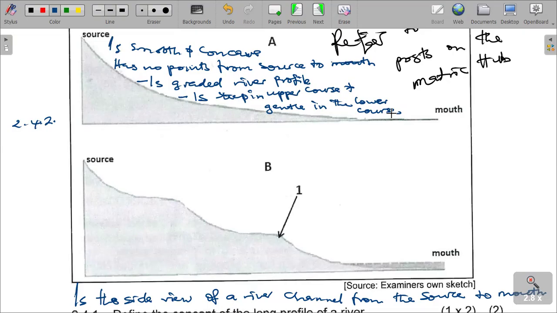And then B, the question wants us to contrast A and B. So B, which is this one, the profile is not smooth, it's ungraded. It's actually not smooth concave.